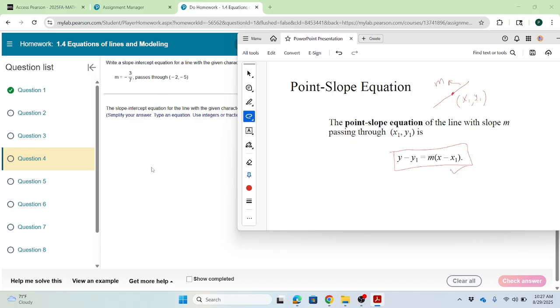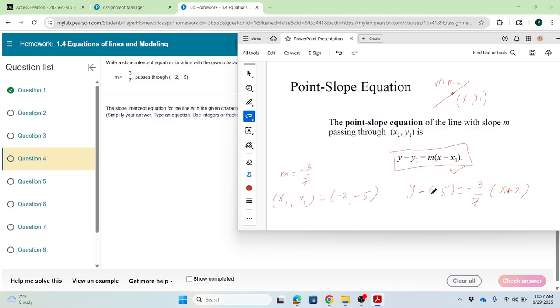So the slope is negative 3 over 7. And the point x1, y1, the coordinates of the point, are given: negative 2 and negative 5. So I'm going to plug in these values here. Y1 is negative 5. M, the slope, is negative 3 over 7. X1 is negative 2, so this negative and that negative becomes positive 2.